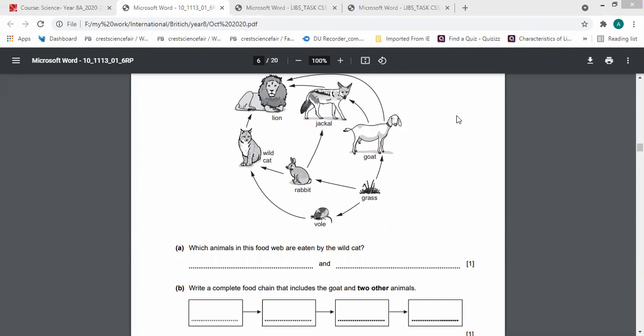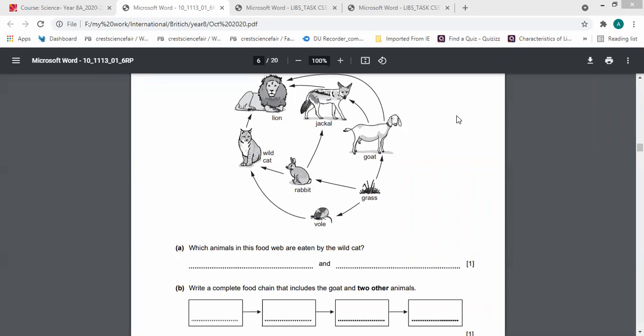We can say the number decreases, we can say the number increases, and we can say the number stays the same. The first part, the number decreases because the wild cat will eat more of them. And the number of rabbits may increase because there is more source of food.